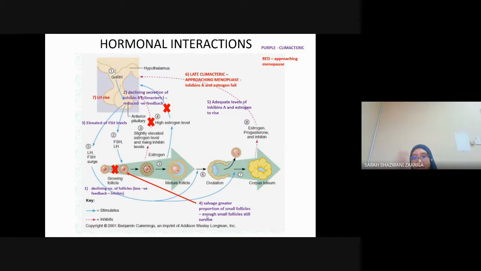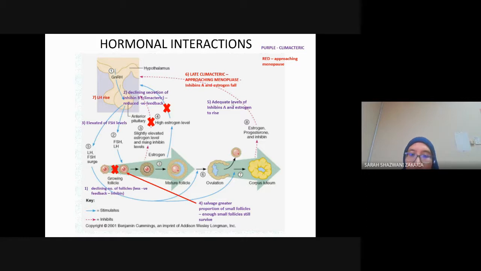But towards the climacteric phase, due to the FSH level being so high, instead of 10 from left and 10 from right, it becomes 20 and 20, or 15 and 15. So a greater proportion of small follicles are forced to develop and mature. Therefore, enough small follicles still survive.